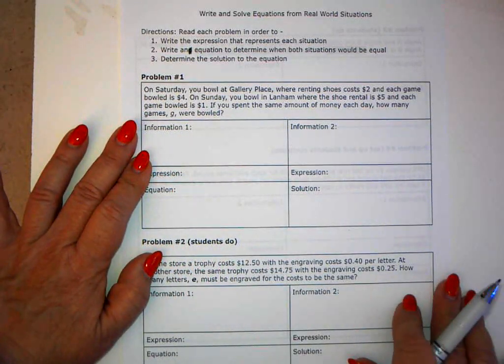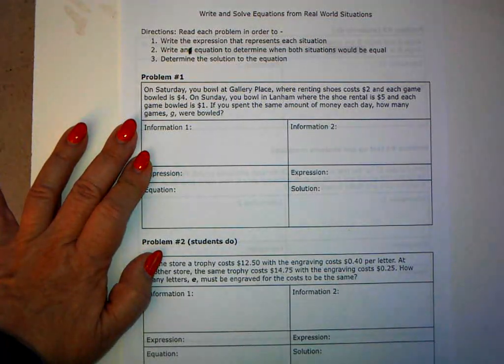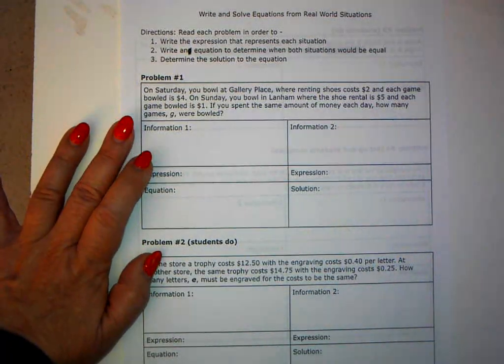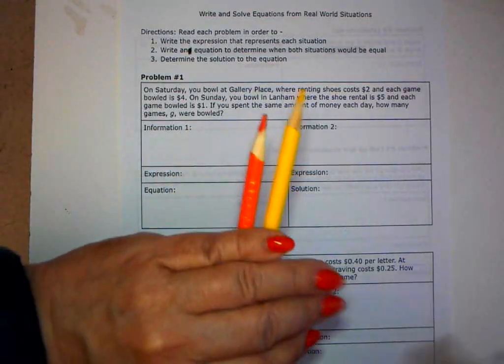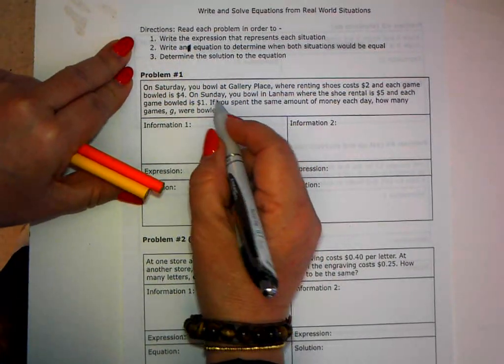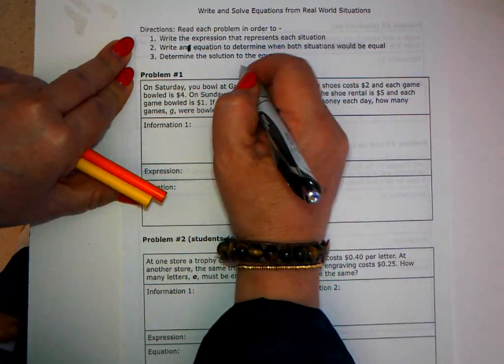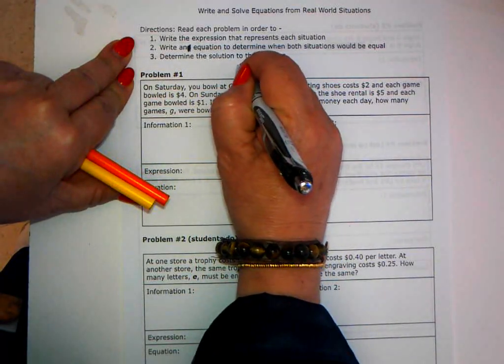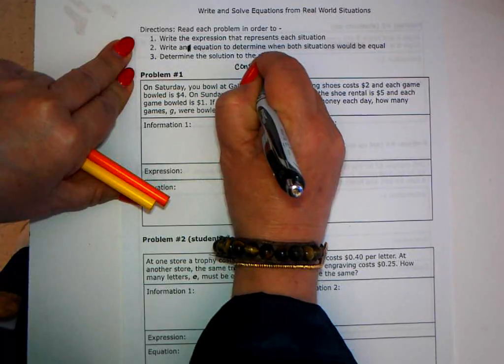First thing I want you to do is you're going to use two color pencils. And so I'm going to use yellow and orange. On the first one, I'm going to have yellow is going to be my constant.